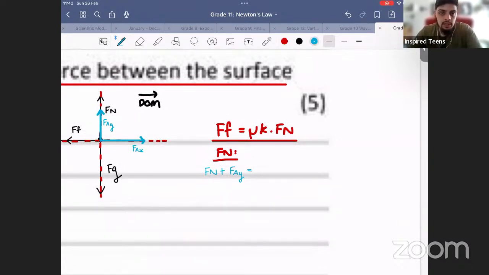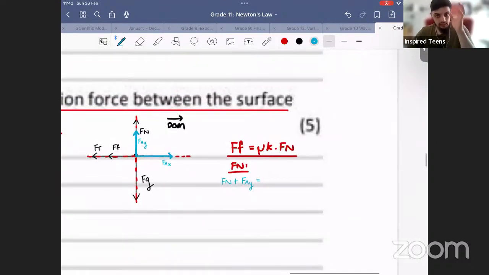N is only equal to Fg if the up forces and down forces are equal. Let me answer this question and I'll show you the only time where N is equal to Fg. It's basically if there are no diagonal forces influencing it, but it's a bad way to remember it.